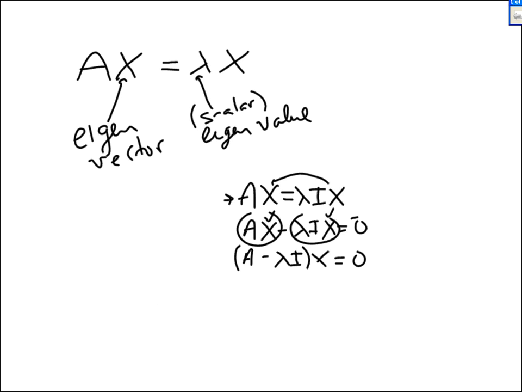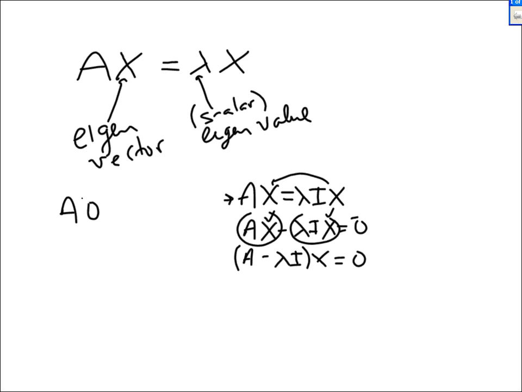Okay. Now, something about an eigenvector. You don't want to get boring, dry eigenvectors. Now, we know that A times the 0 vector is the 0 vector. And if you multiply lambda by the 0 vector, you get the 0 vector.